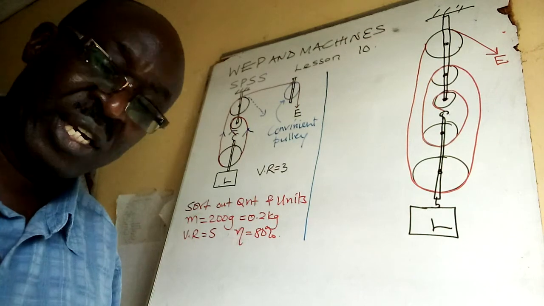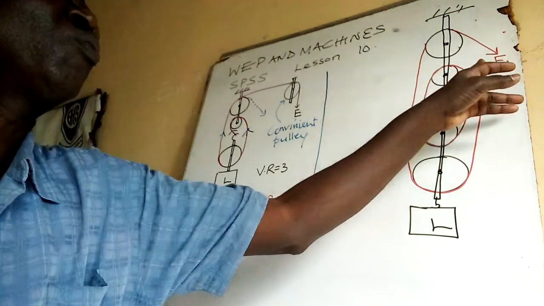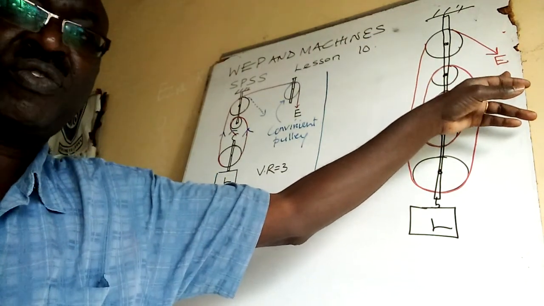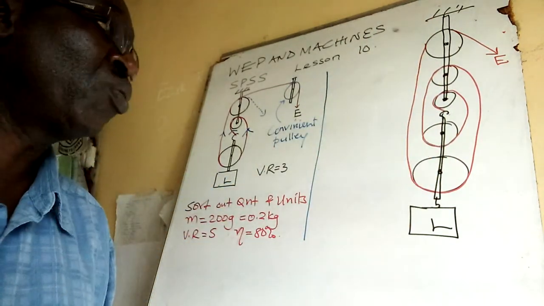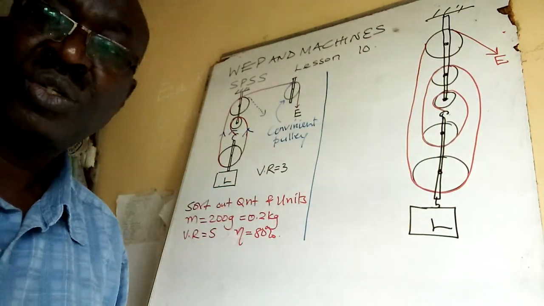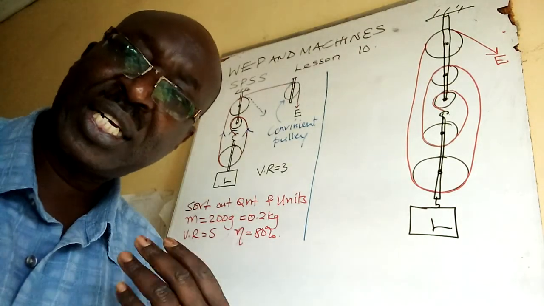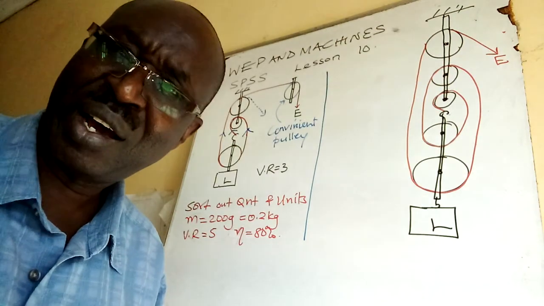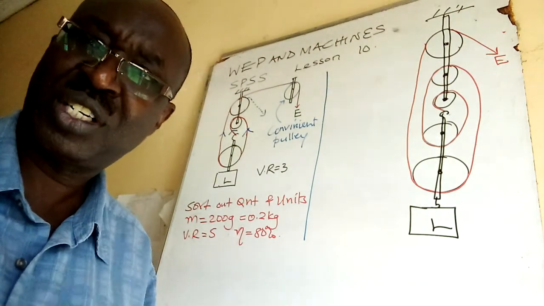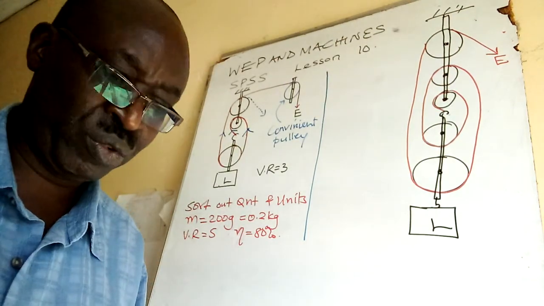So let us imagine it is 2 marks. One will be for showing the effort, and the other one for showing the way it will go round. Okay, so from there, let us learn how you get the velocity ratio.